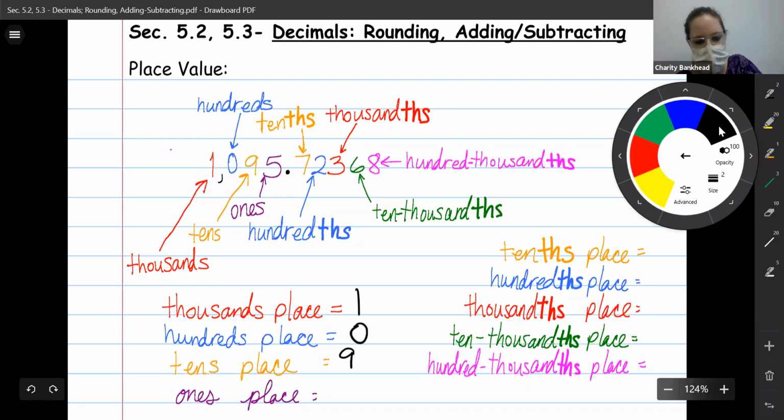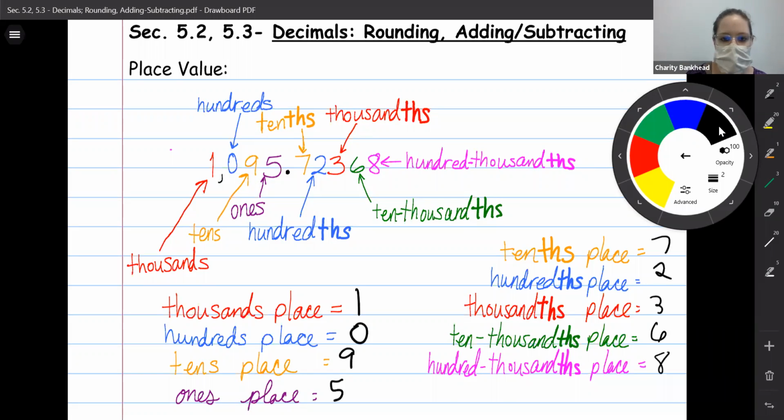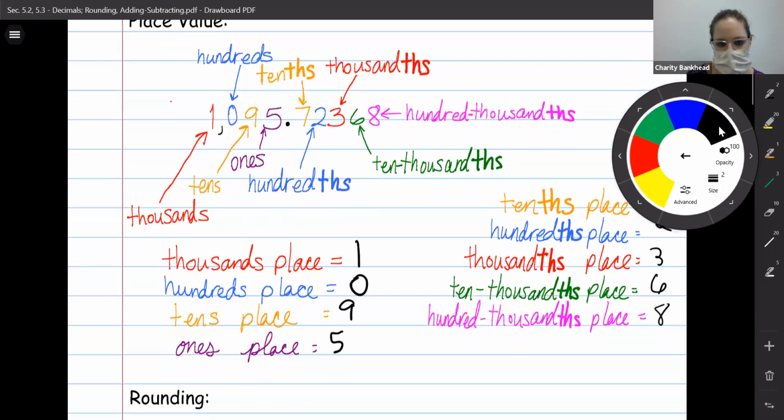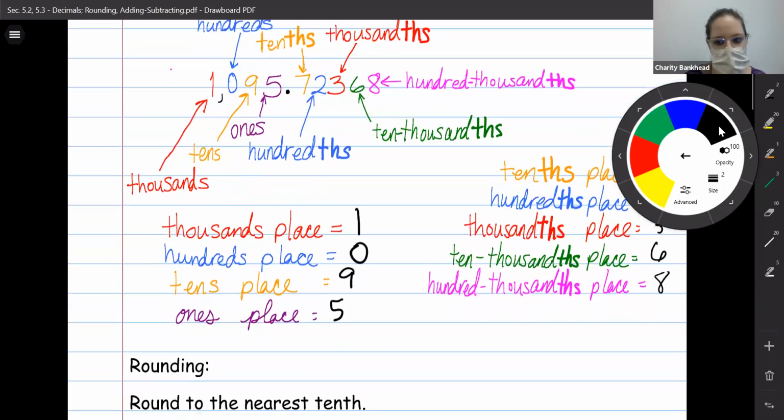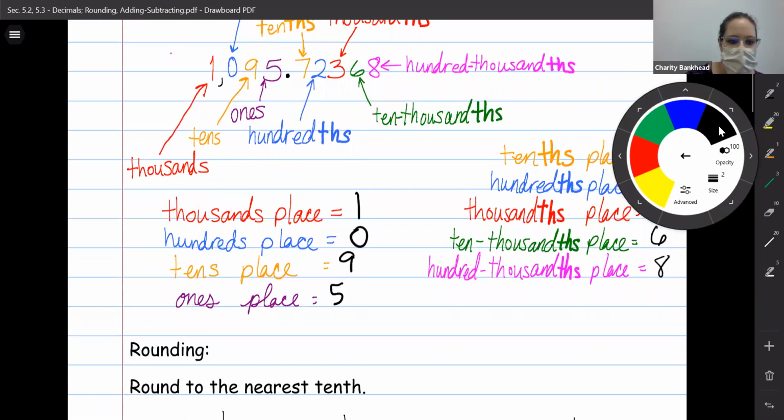The ones place is a 5. And then tenths place is 7. Hundredths place is 2. Thousandths place is 3. 10,000ths place is a 6. And the 100,000ths place is an 8. All right, so we have to be familiar with the place values so that we can do rounding.